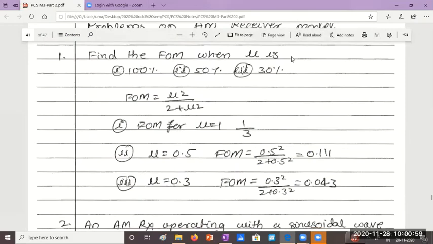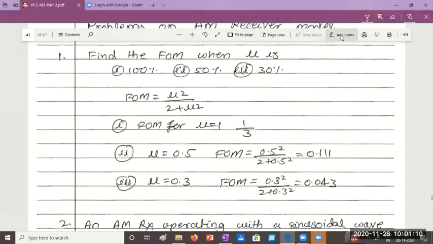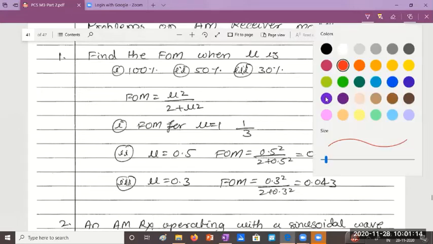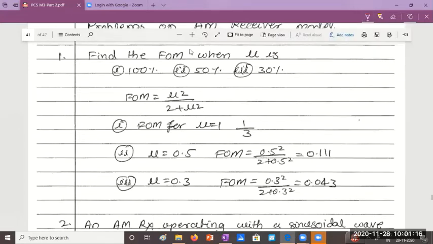Find the figure of merit of the standard AM. It should be written here. Find the figure of merit of double sideband full carrier AM when mu is 1 by 2 or 30%.